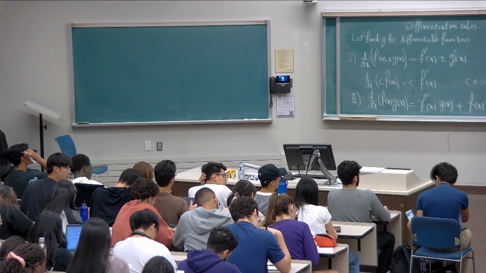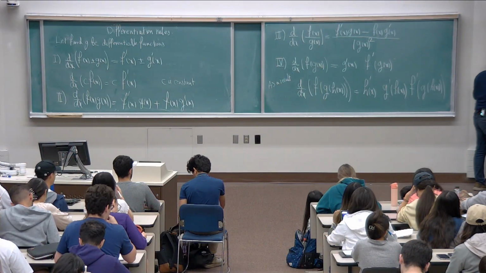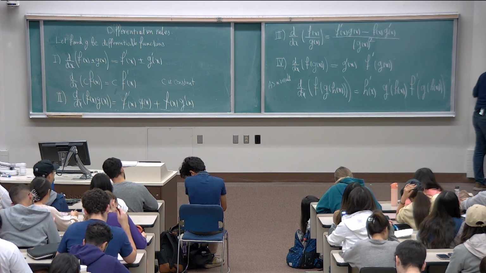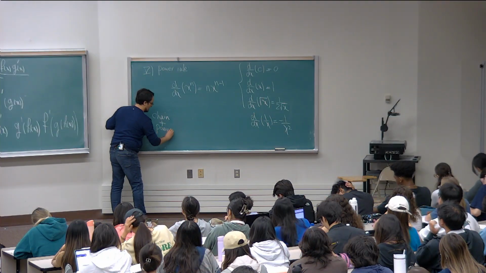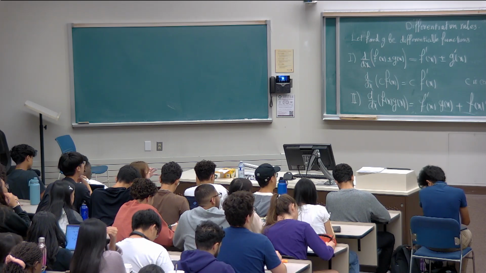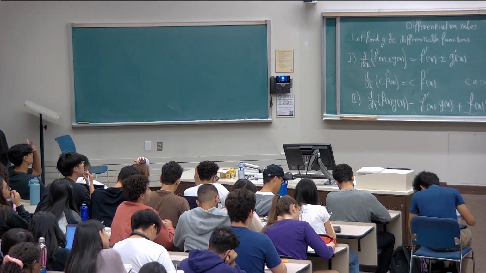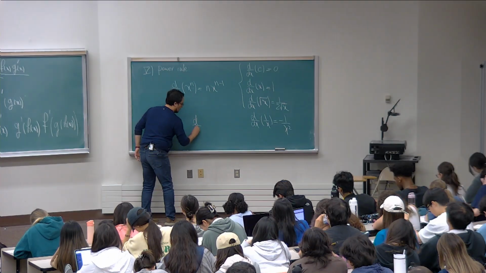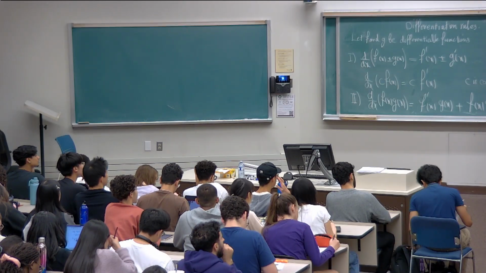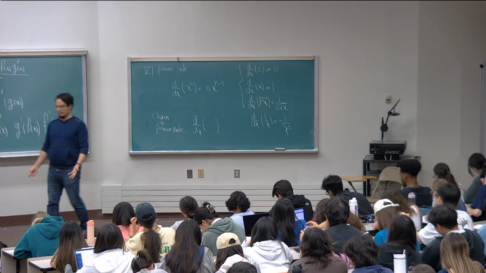There is also something I would call a chain plus power rule. This is when you have something to the power n.